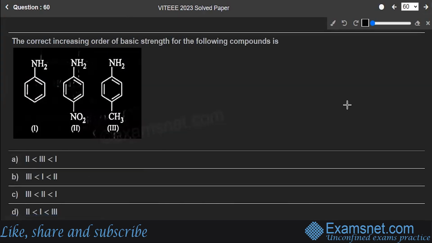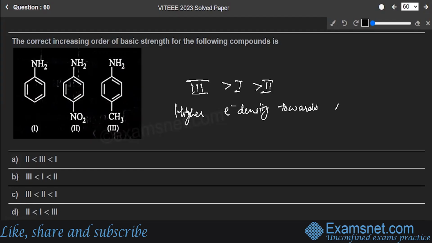Hope you understood this. Next is question number 60. The correct increasing order of the basic strength of the following compounds is. See the correct answer to the question. This is the first and third one, then the first one, and then the second one. The higher the electron density towards the ring, the higher will be the basic strength.